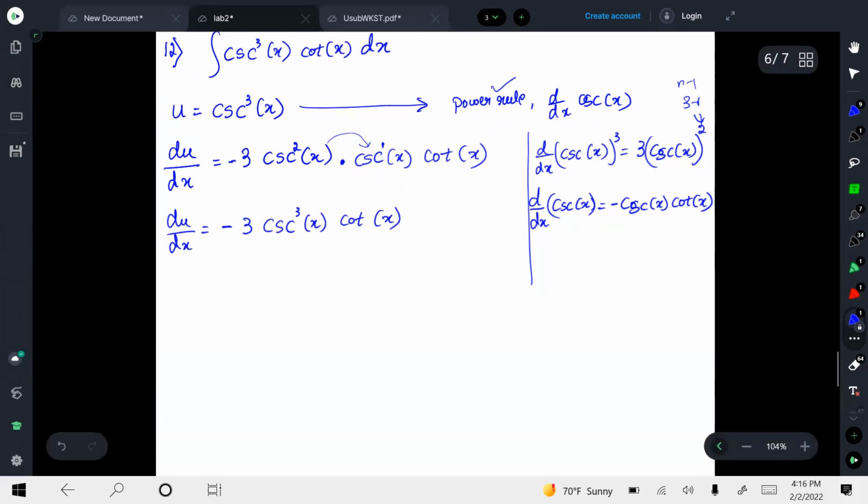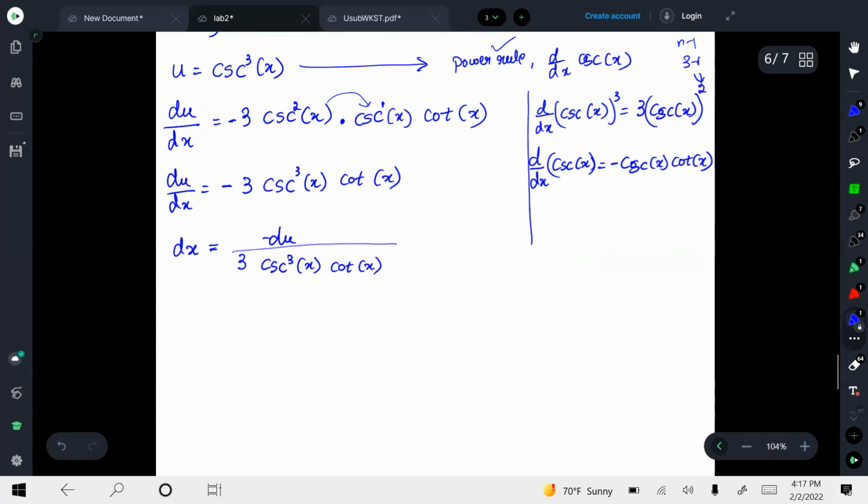Okay. Now what is the next step? You are going to change the numerator and the denominator. So this becomes dx equals negative du divided by 3 cosecant cube of x into cot of x. Okay, done.